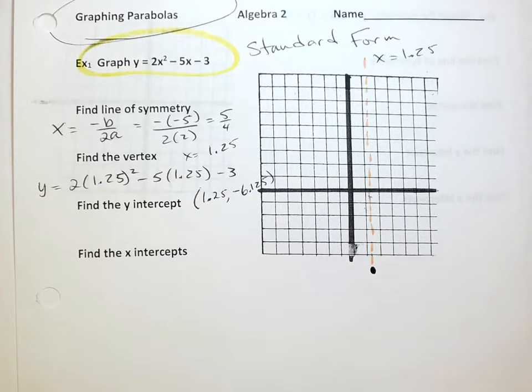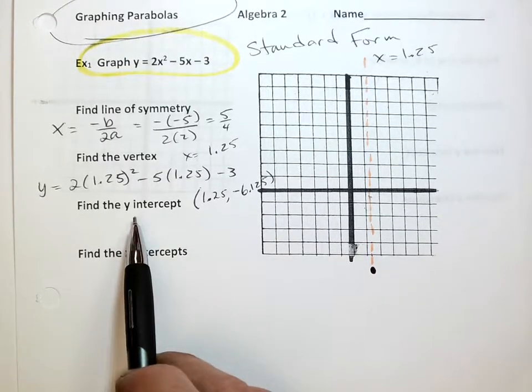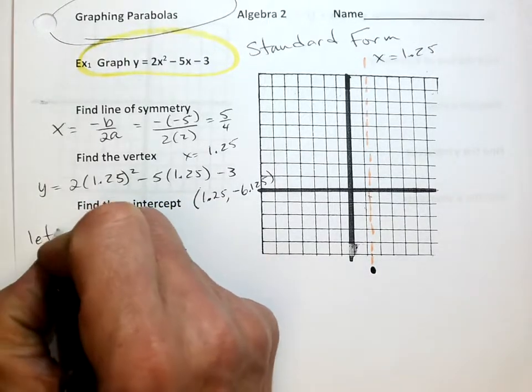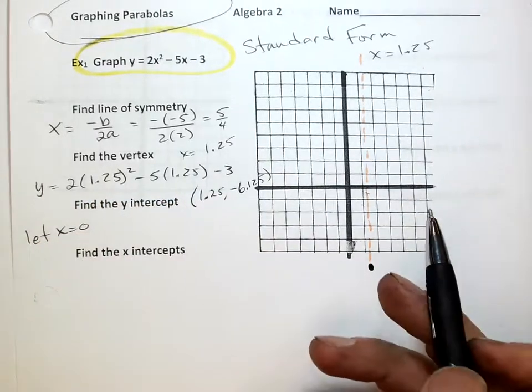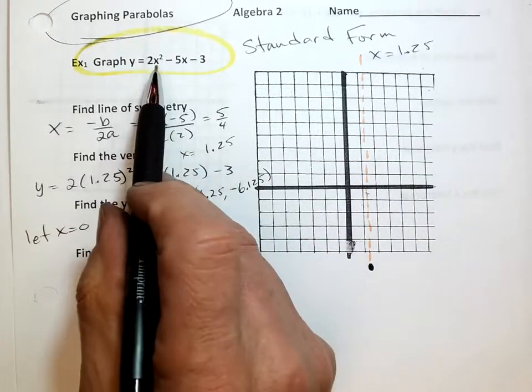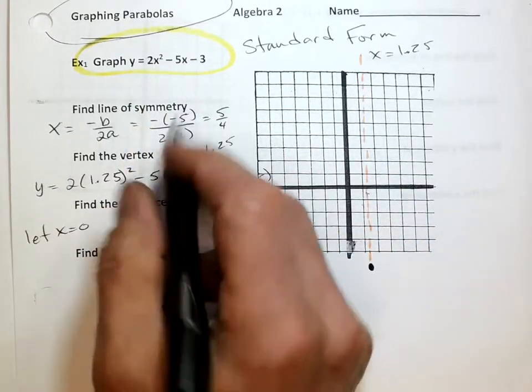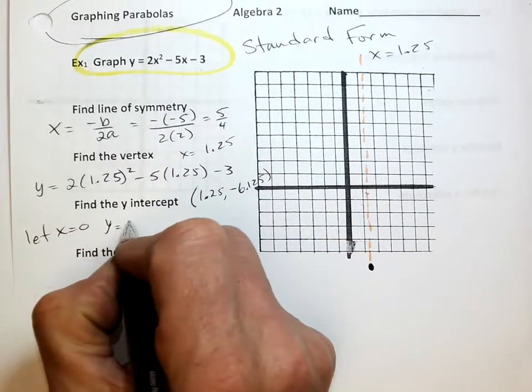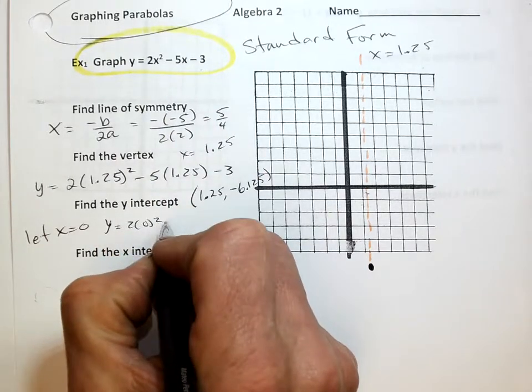Now, the y-intercept, that's the easiest. If I let x equal 0, then I'm going to really get negative 3. You guys agree? I'm plugging 0 in here: y equals 2 times 0, so I don't really need to do this.